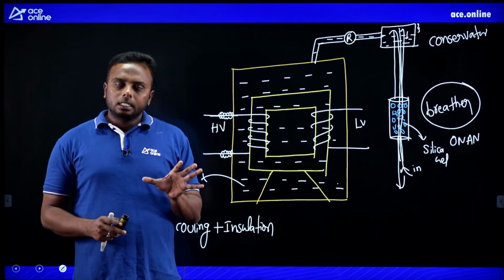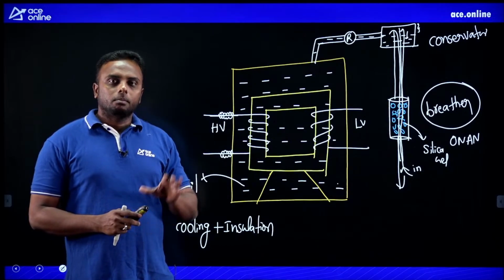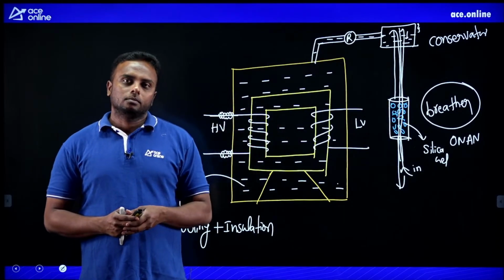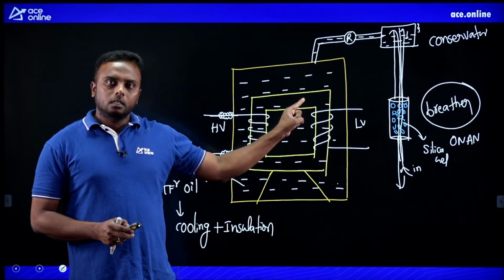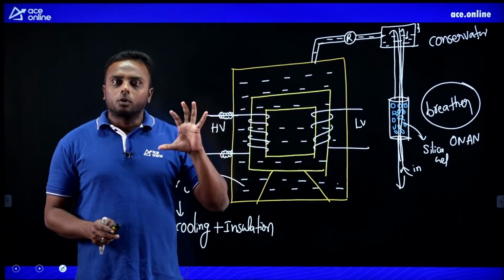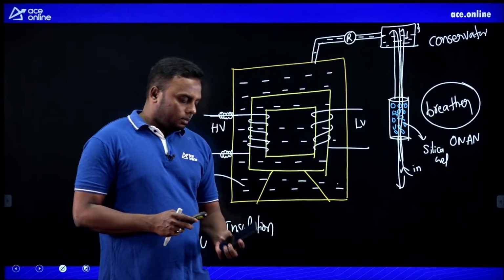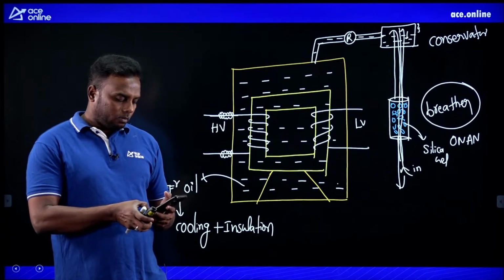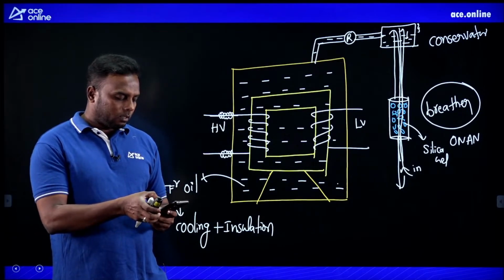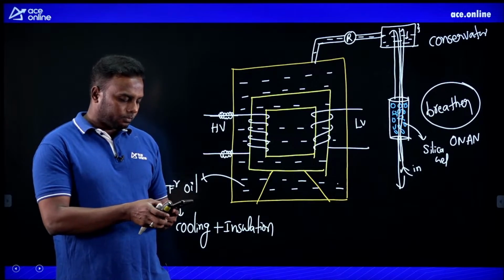So if the core does not have good properties, the power transfer capacity also reduces. If you want to transfer most of the power from one winding to the other, the core should have some important properties. What are the important properties?